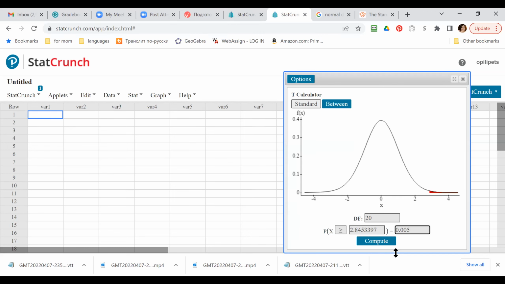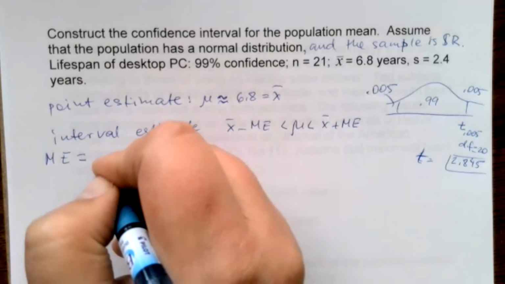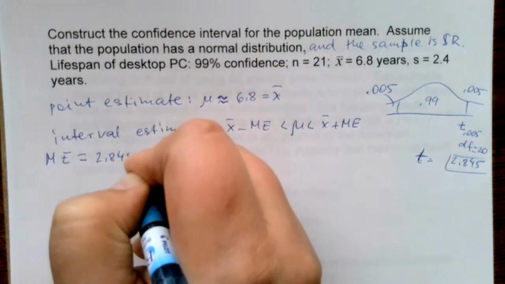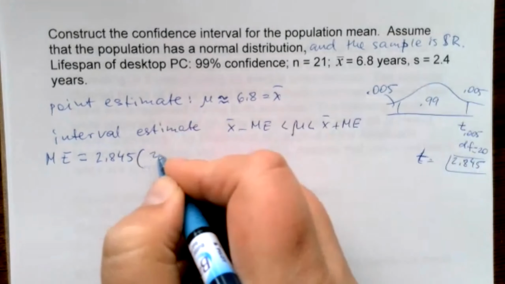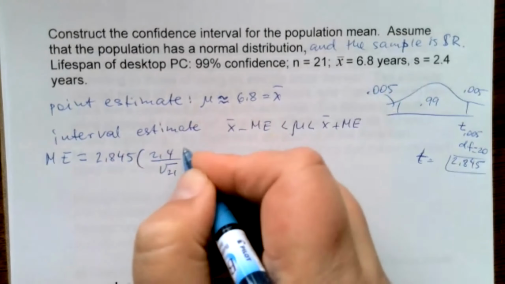Okay, so now I have my t value from the formula. Let's finish the problem. The t-value is 2.845. Now I need to multiply it by s divided by the square root of n.